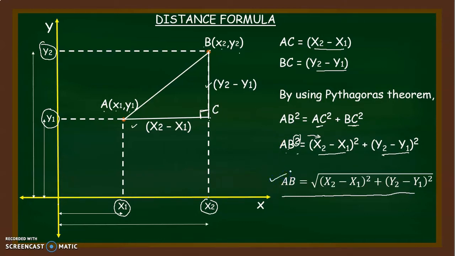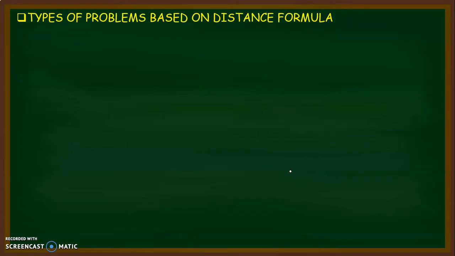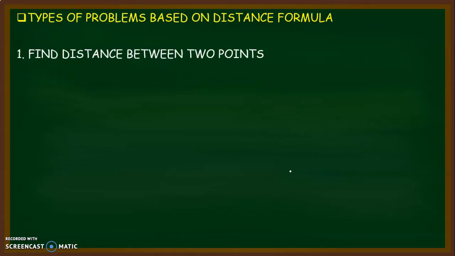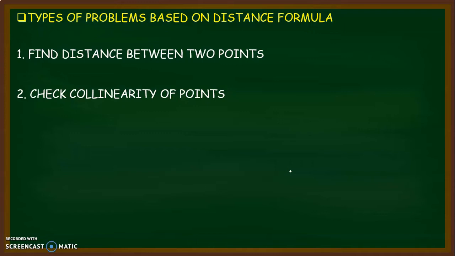Now in this chapter, using this distance formula, various types of questions may be asked. Let's see the different types of problems based on the distance formula. The first and very simple question is to find the distance between any 2 points. The second type of problem is to check the collinearity of points. If any 3 or 4 points are given, and you want to check whether they are collinear or not, collinear means they are on the same line or not, then we can use the distance formula.